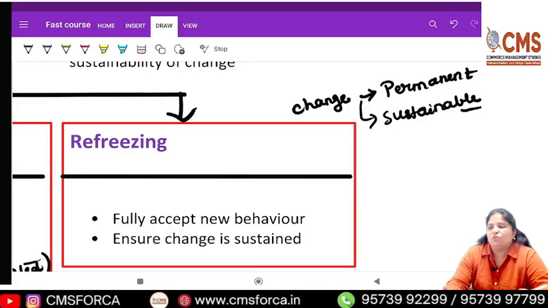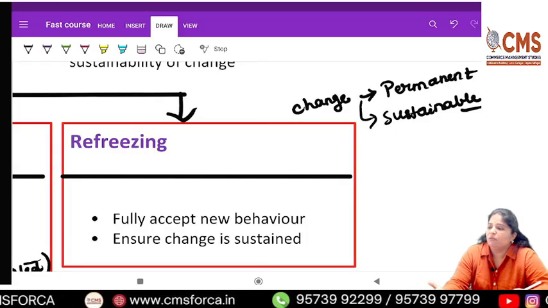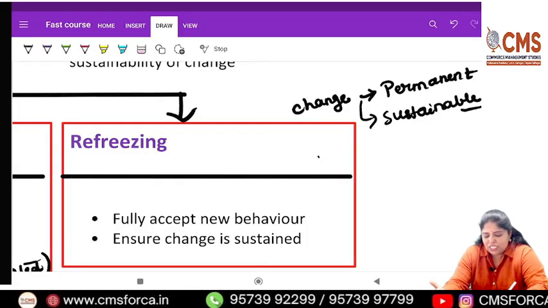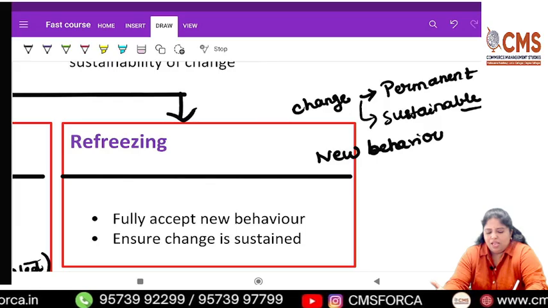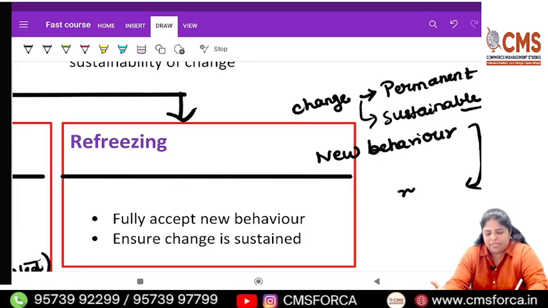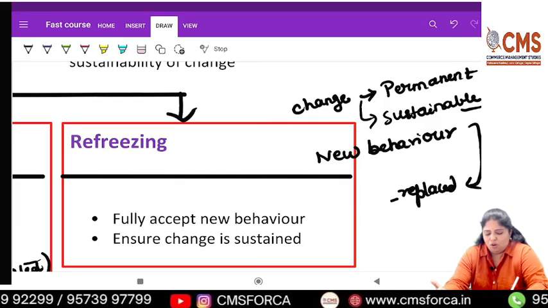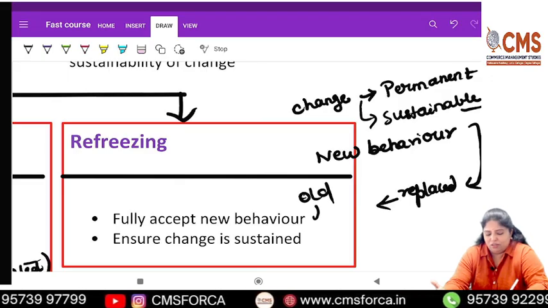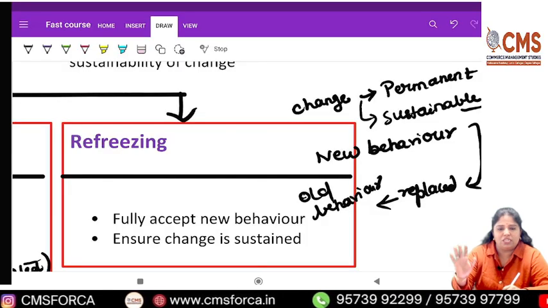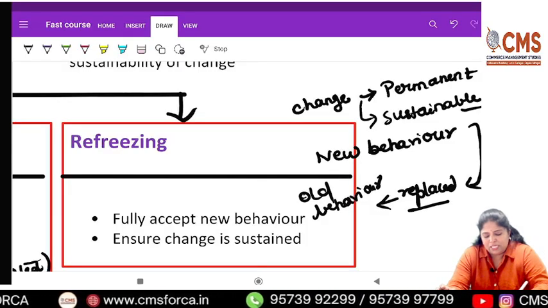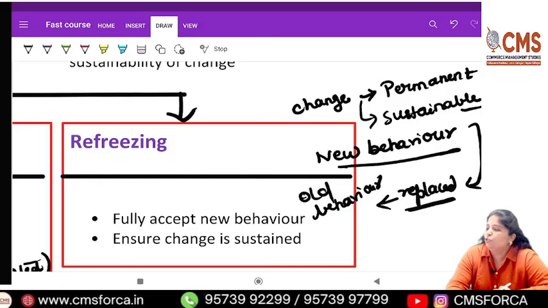That means once the change becomes more permanent, your new behavior has actually replaced all your old behavior, old systems, old methods, old customs, old traditions. They are all replaced by your new behavior.